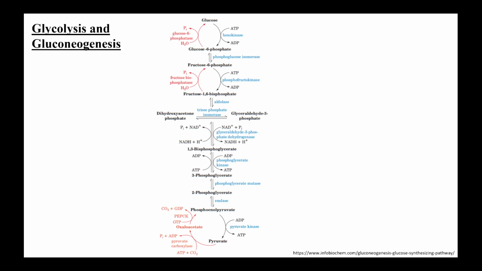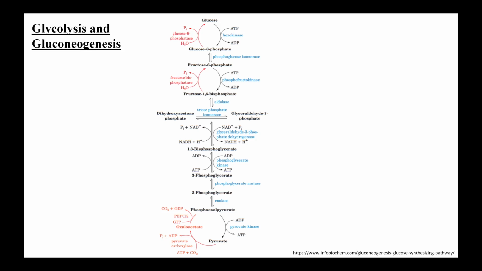Pyruvate carboxylase is the enzyme which uses one ATP molecule and a carbon dioxide or bicarbonate molecule to get converted into oxaloacetate. And then from oxaloacetate, we have phosphoenol pyruvate carboxykinase. Again, a carboxykinase means carbon dioxide is involved and a phosphate group transfer is involved.